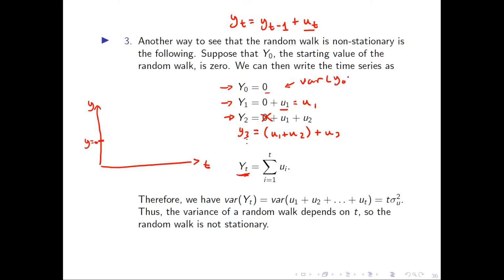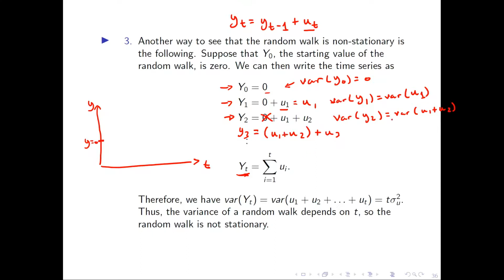And if we take the variance at each step, then the variance of y0 is equal to 0, because we know the value. So there's no variation here. But the variance of y1 is equal to the variance of the error term, right? Because the value of y1 is the error term. And the variance of y2 is just the variance of u1 plus u2, okay?